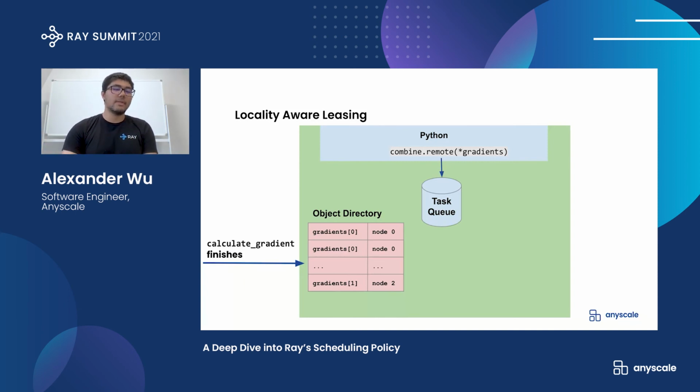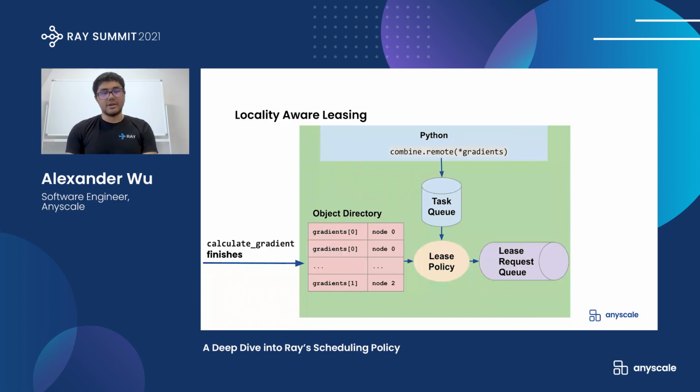Then as our calculate gradient operations finish, this directory of all of our objects will begin to be populated and we'll get the node locations that each object lives on. So once all of these objects have been resolved, we'll have all the information we need. And we can use a leasing policy that will take into account that specific task and all of the objects it depends on.